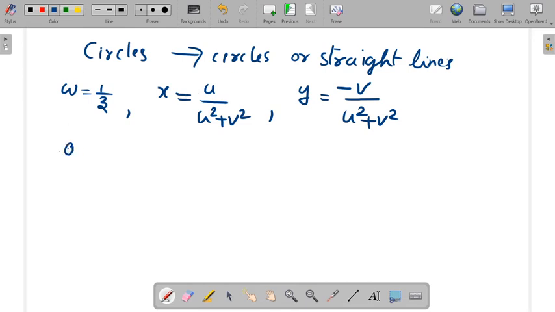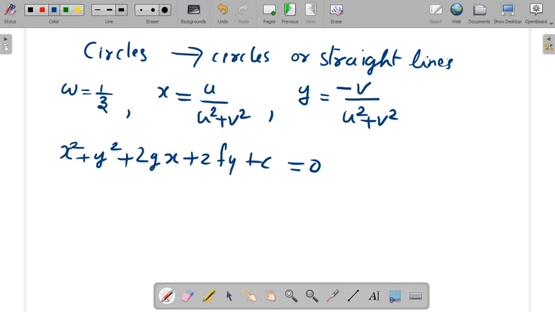If you make that coefficient 1, a circle in the z plane can be written as x² + y² + 2gx + 2fy + c = 0, the general equation of a circle in the xy plane. So we are going to show that this will be mapped to a circle in the uv plane.